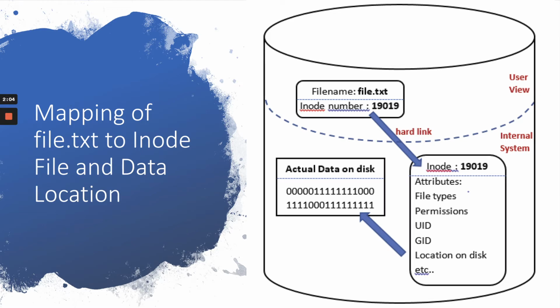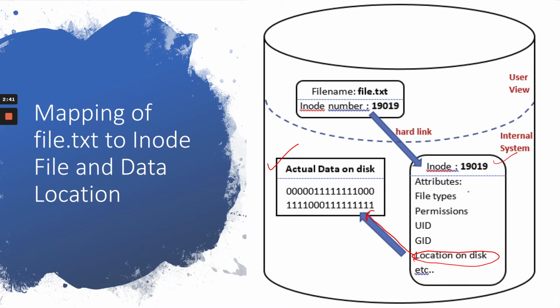So basically, the data blocks contain the actual content of the file. However, the information about the file is stored in the inode table. The information in the inode, whose number is 19019, contains the location on the disk, and this information will point to the actual location of the data on the disk.